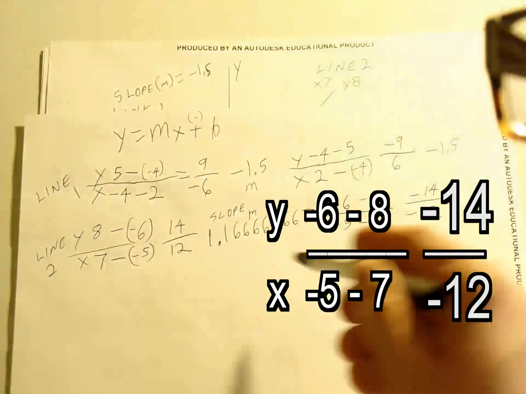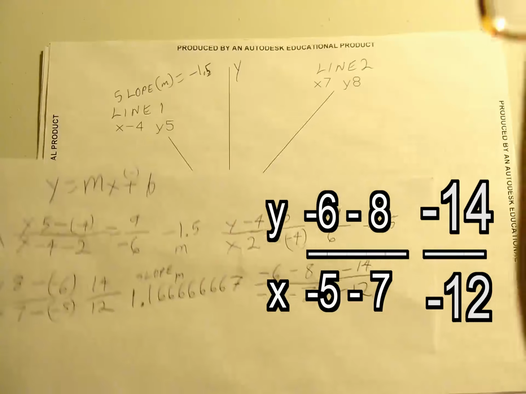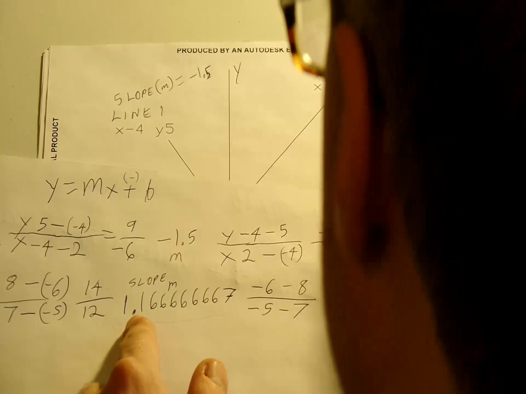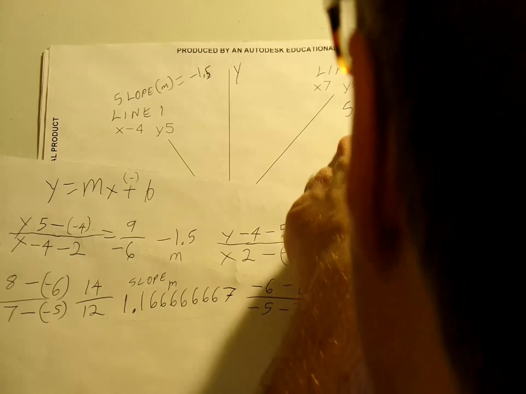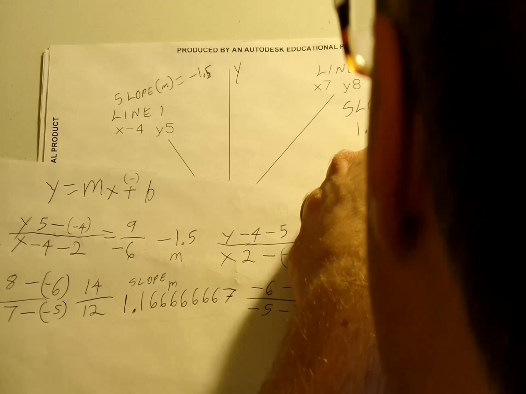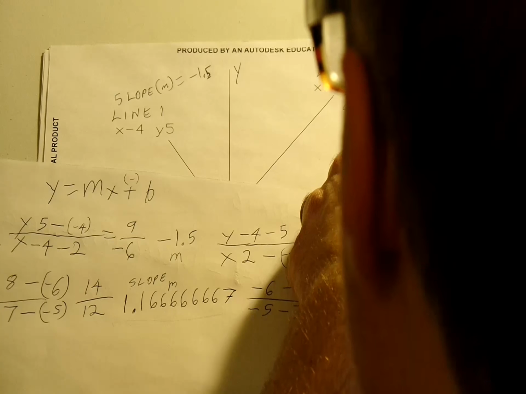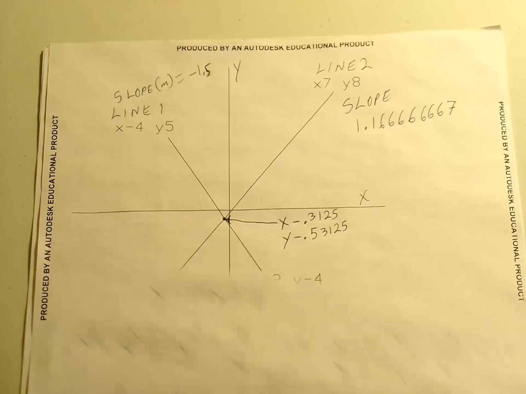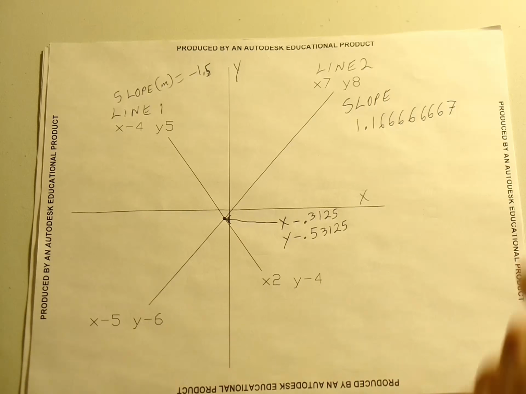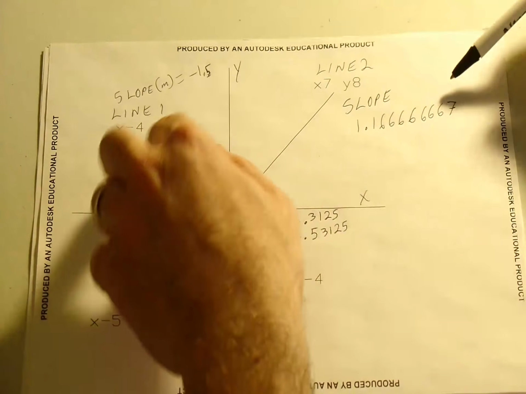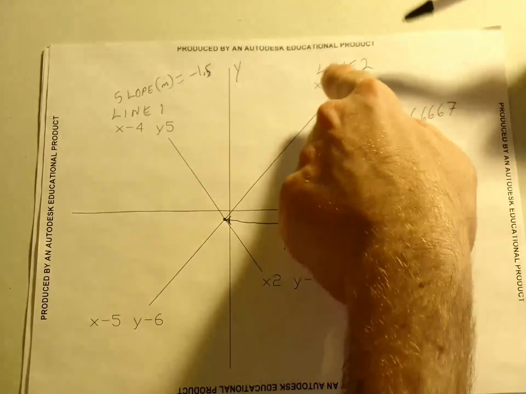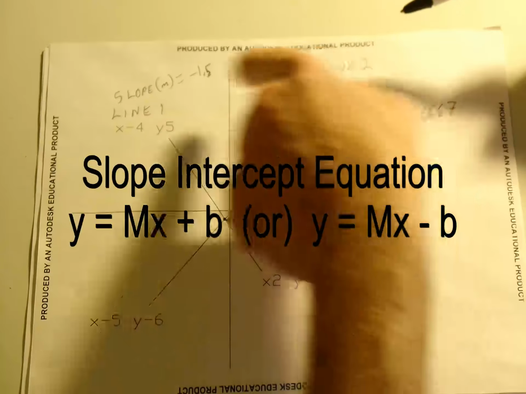Divide those two numbers, you'll get a positive number, and you will get the same exact number that you got before. If you don't get the same number, you're doing something wrong. This is a great way of checking your work: doing it twice from 2 different points, but of course on the same line. And again, take that to 9 decimal places.